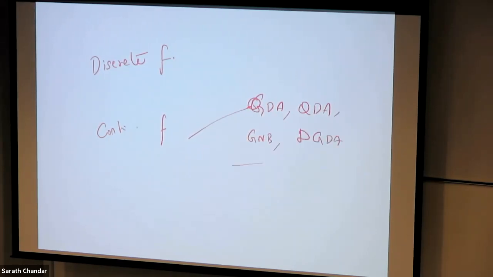So we saw a family of algorithms which can be used with Gaussian assumption. For discrete features, we had the Bernoulli assumption, and we looked at Bernoulli naive Bayes. I think that concludes our discussion on generative models.